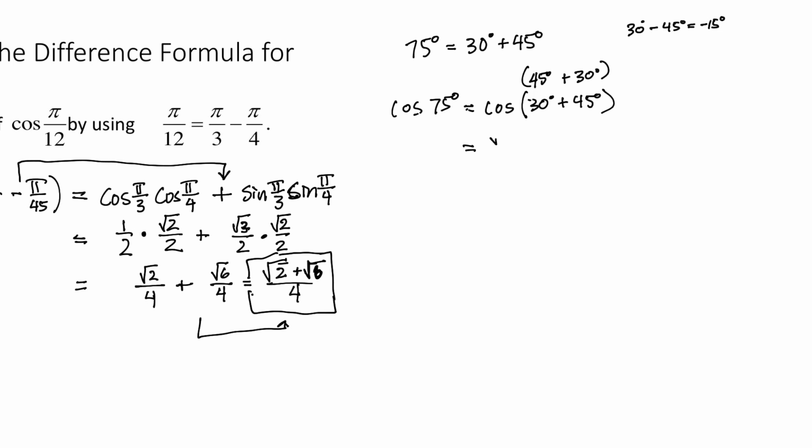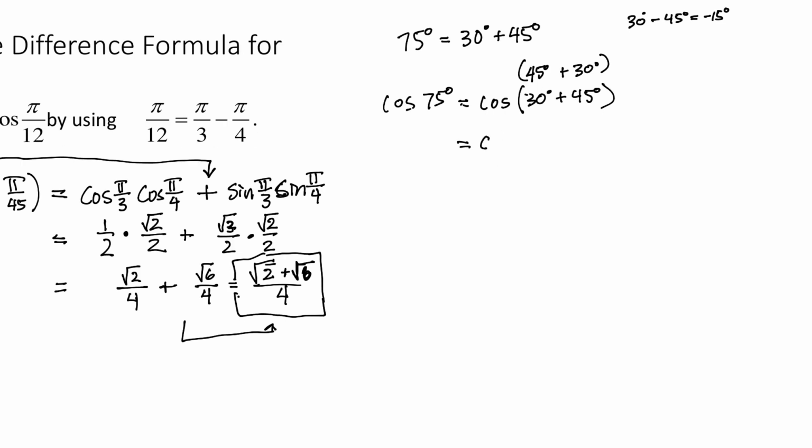The cosine of 30 degrees is root 3 over 2. The cosine of 45 degrees, actually let me write these out first instead of just doing them. So using the sum formula, we have cosine of 30 times the cosine of 45.